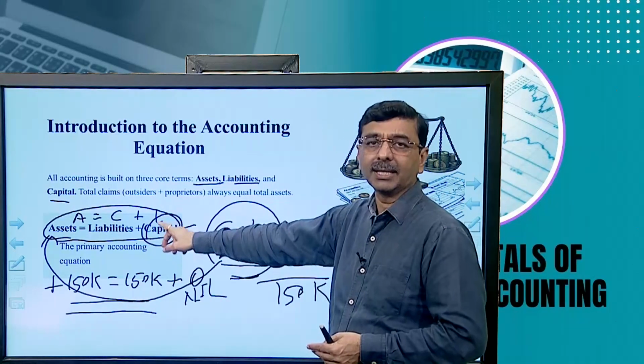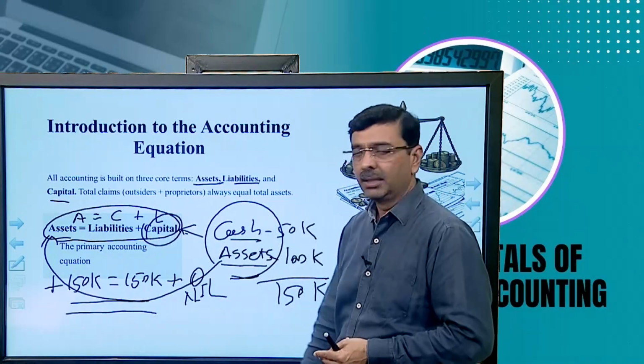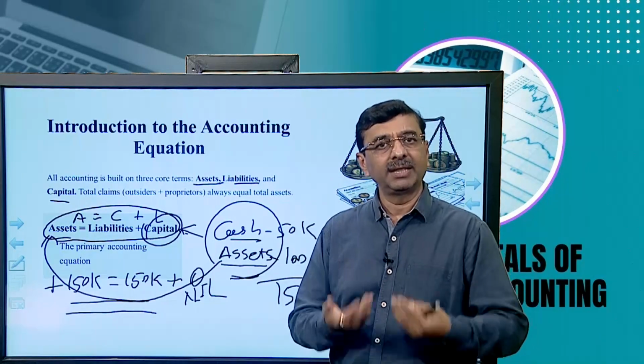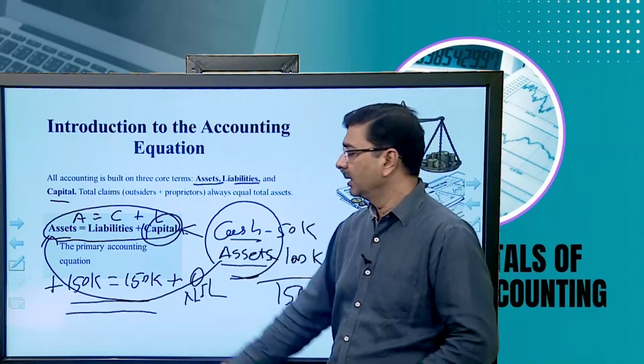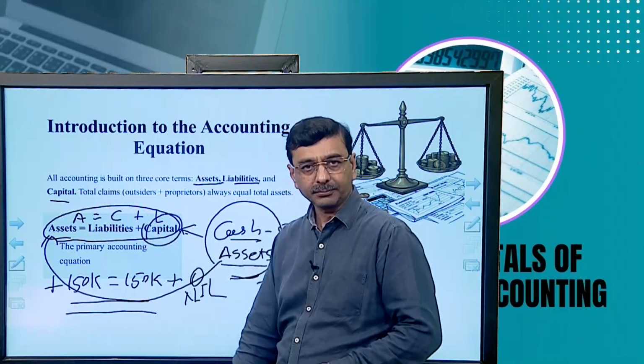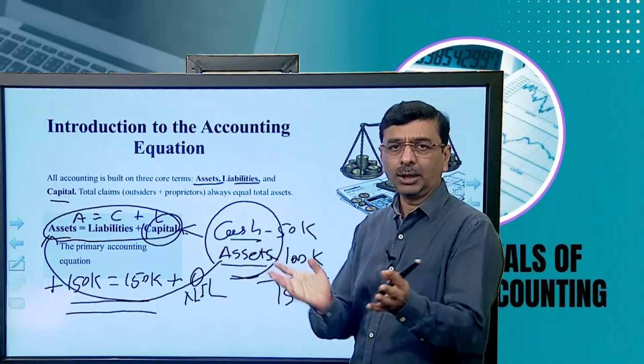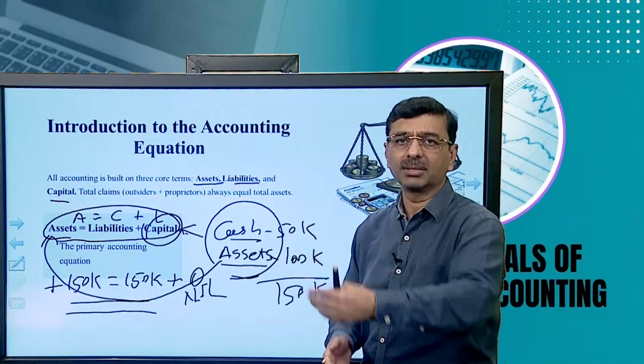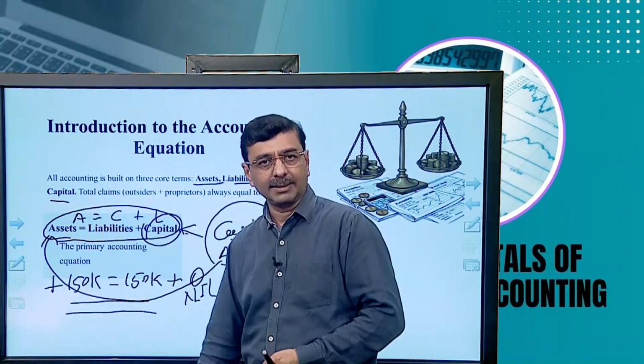Ultimately, it's considered a liability, correct? And proprietors means those persons who have invested their own money in the business, that's considered capital, right? And equal to all these things invested in the business to run it, it's considered assets.